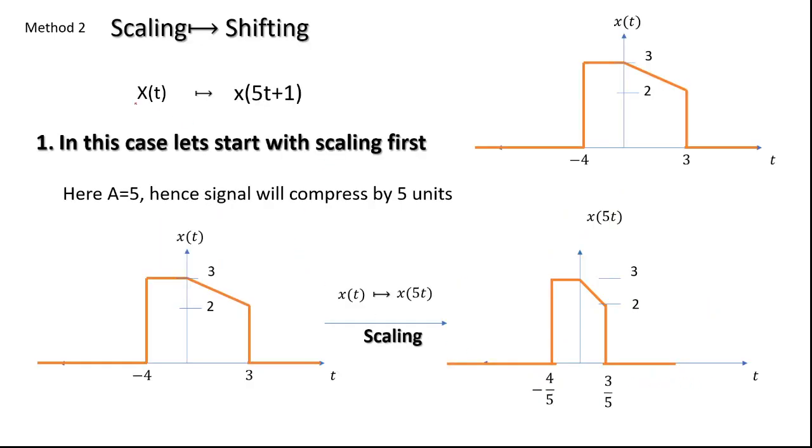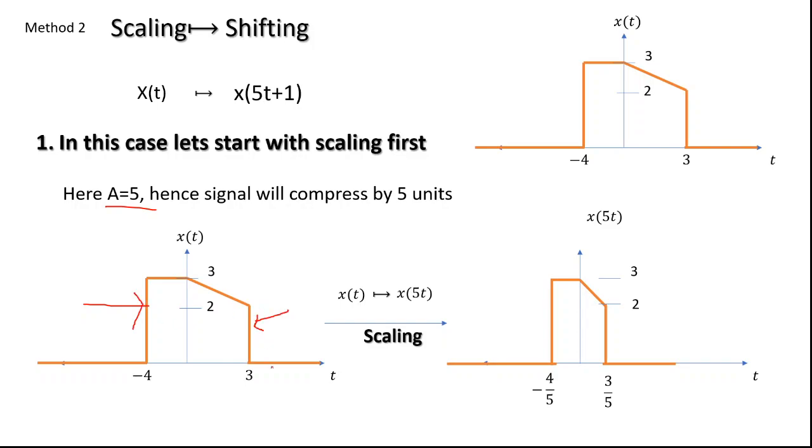So let us do the same question by method 2. In this case, we will first perform the scaling operation and then the shifting operation. So let's see, in this case the scaling factor a is equal to 5, which is greater than 1, hence the signal will compress by a factor of 5.